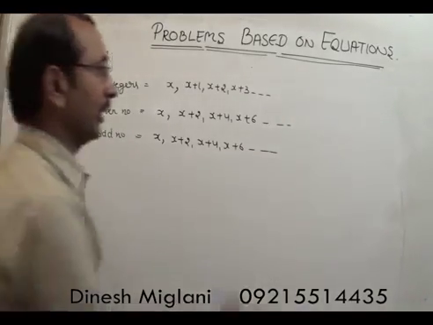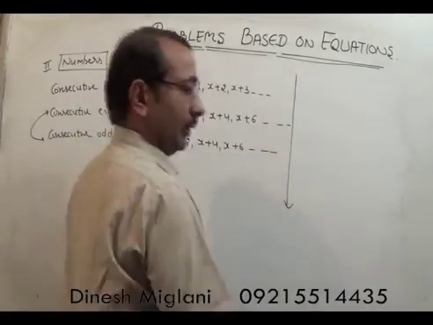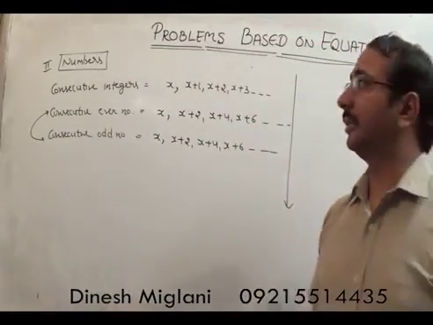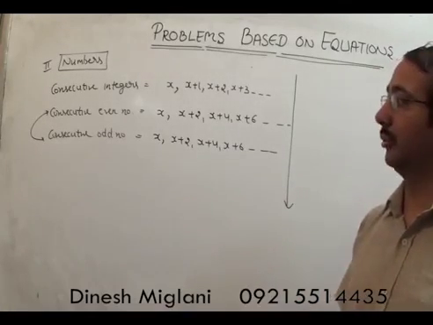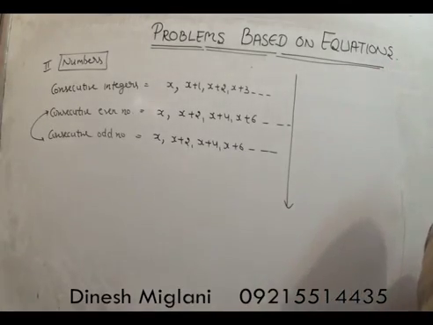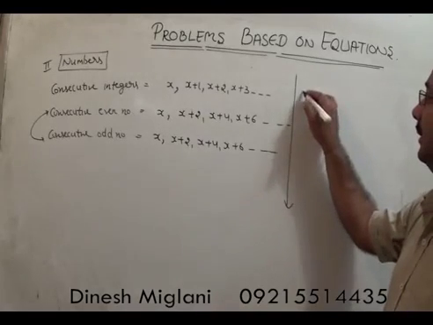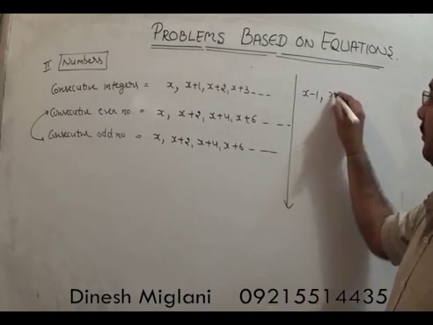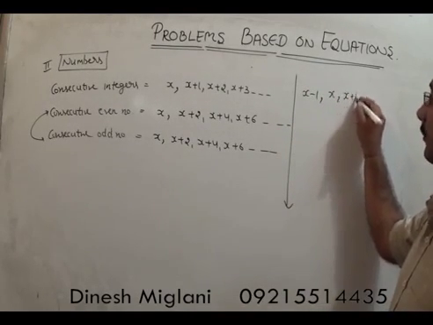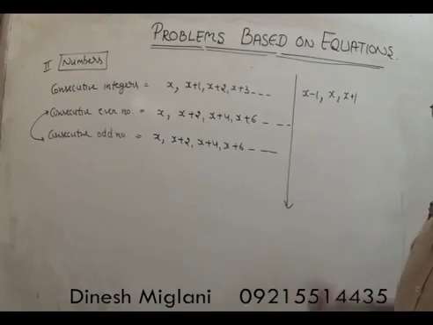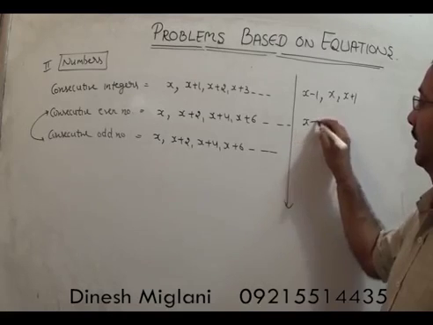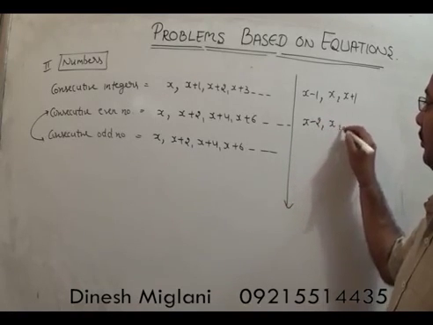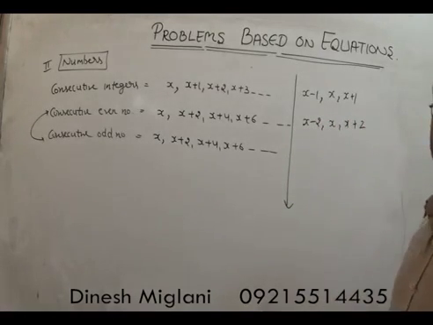Now one thing we have to take care of, in a question when we have to take only 3 integers, 3 consecutive even or 3 consecutive odd or 3 consecutive integers, in that case it's better to assume it as, in case of consecutive integers, x minus 1, x or x plus 1. In case of consecutive even integers, the difference must be of 2. So we can say x minus 2, x or x plus 2, right?